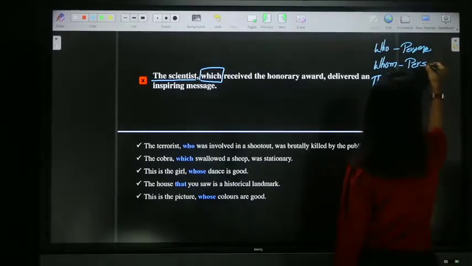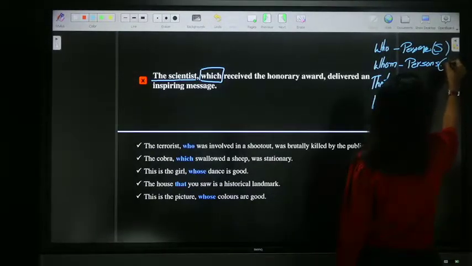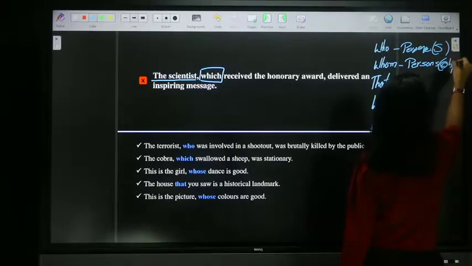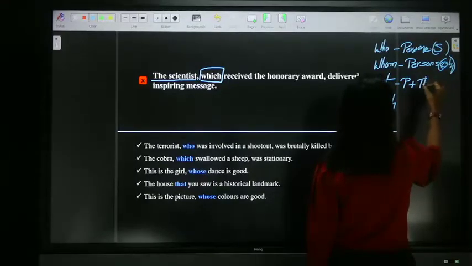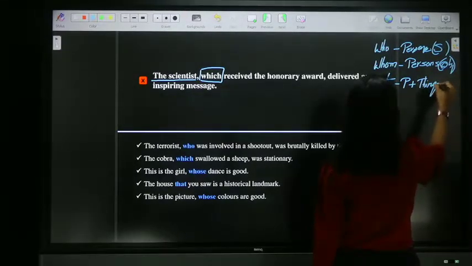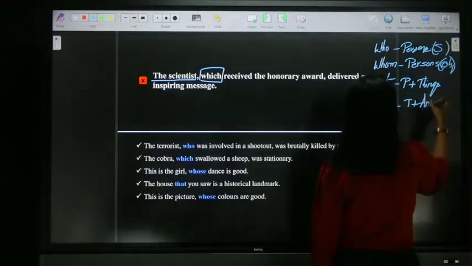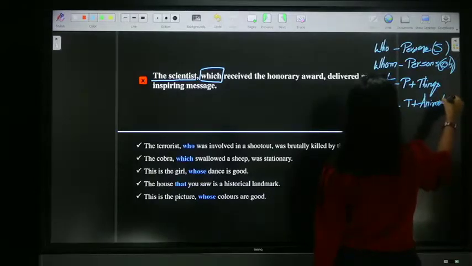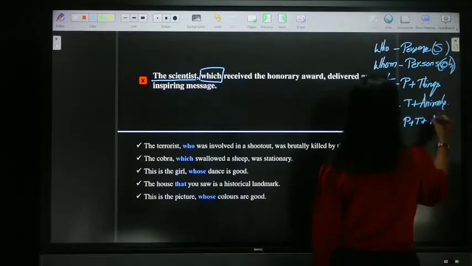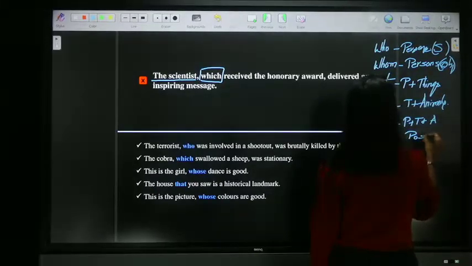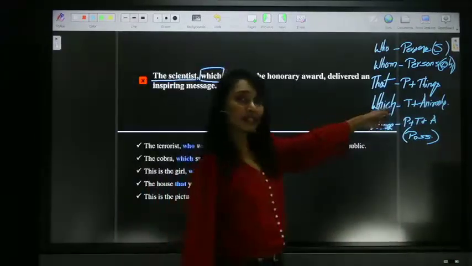Only persons, but in objective case. Now, that we use for persons and things. Which is for things and animals. And whose is for persons, things, and animals when we give possession.